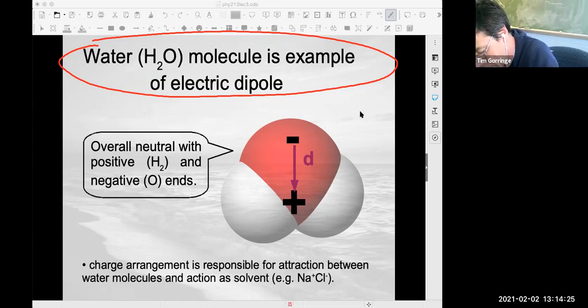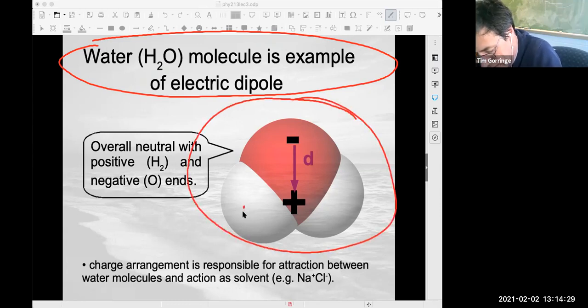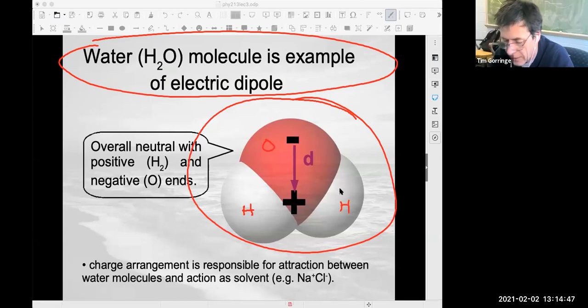So here's a water molecule. And here's a hydrogen ion, here's a hydrogen ion, here's the oxygen ion. The negative end of the molecule is upstairs here. The positive end of the molecule is downstairs here. And so although it's electrically neutral, it does have separate negative and positive parts. And we call that arrangement of charge an electrical dipole.